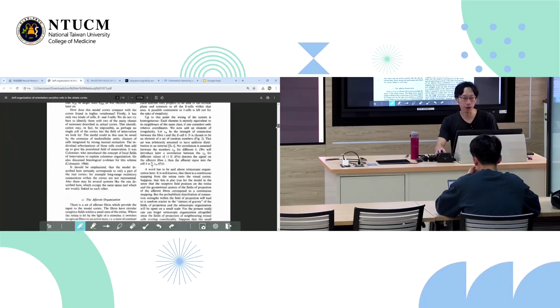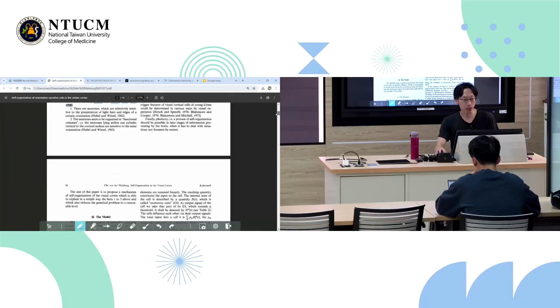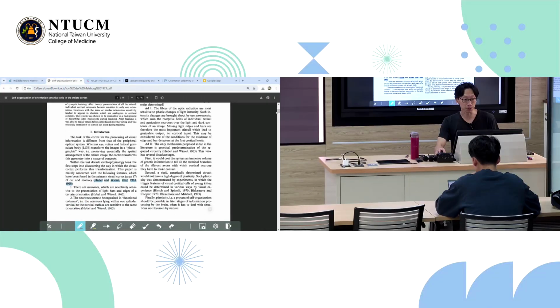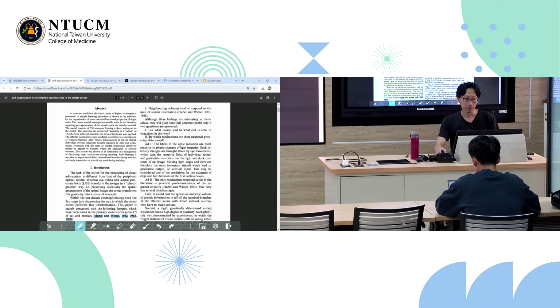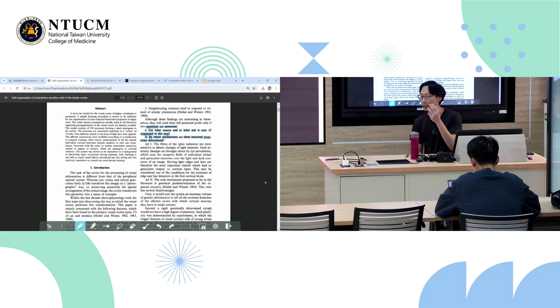The motivation for von der Malsburg, why he wanted to instantiate this model, is that if you read his paper, at least the first paragraph, the question he asks is precisely that. Why do the neurons organize themselves this way? When he says this, he's talking about Hubel and Wiesel's 1960s work.